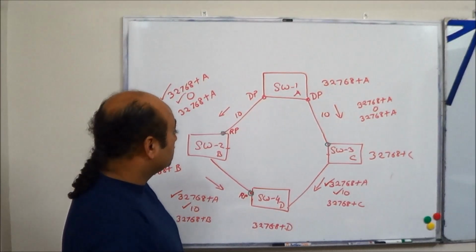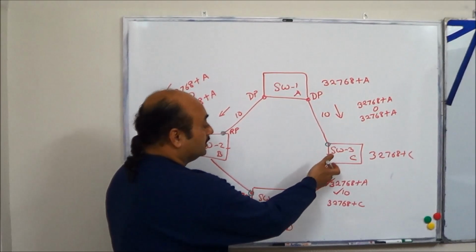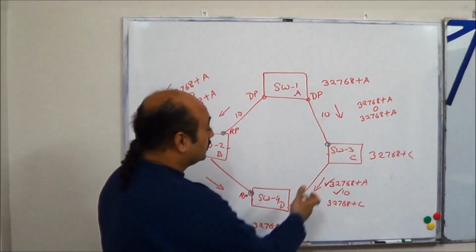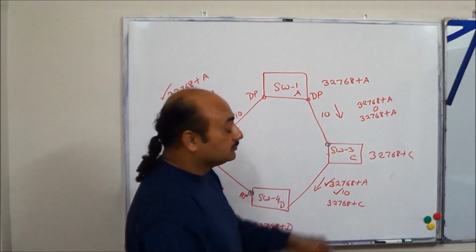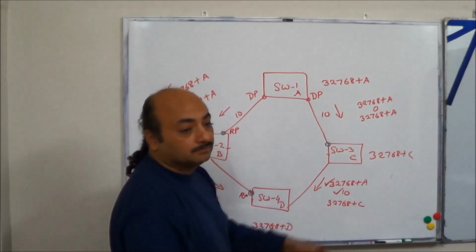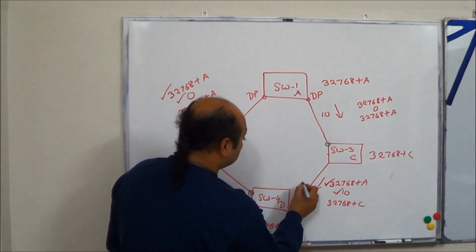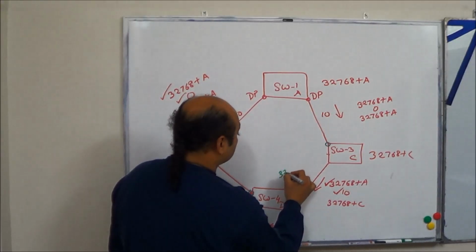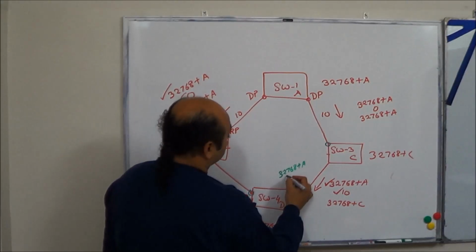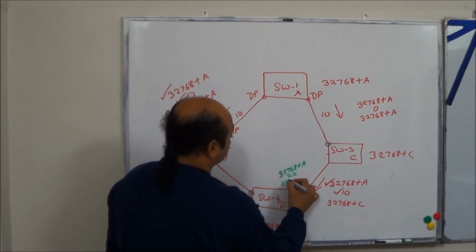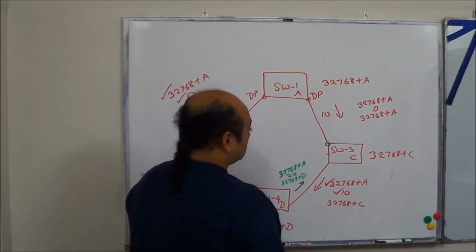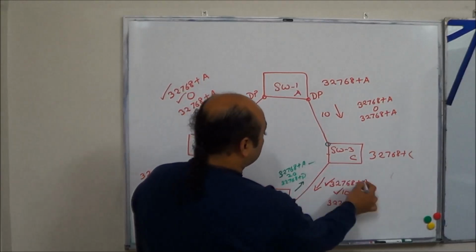Let's see which one is sending a better BPDU or receiving a better BPDU. What is it sending? 32768 plus A, RPC of 10. 32768 plus C. What would this send? It will send 32768 plus 8, plus A, RPC 20, and 32768 plus D. Compare this with this.